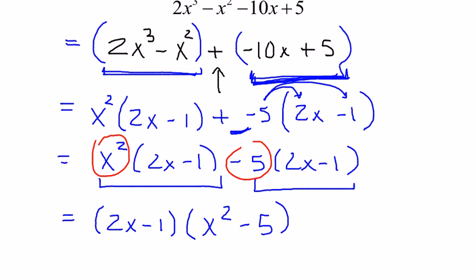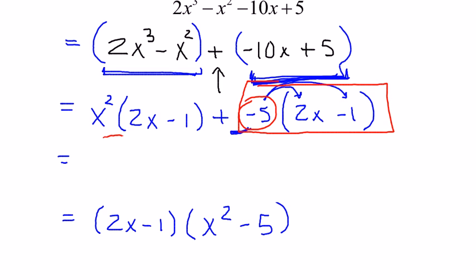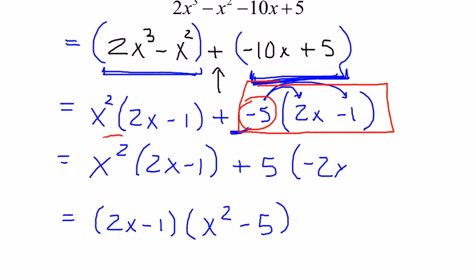Now let's go back to this idea of why we factored out this negative 5 here and not a positive 5. Well, what would happen if we did actually factor out that positive 5? This is what it would have looked like: x squared times 2x minus 1 plus 5 times negative 2x plus 1.